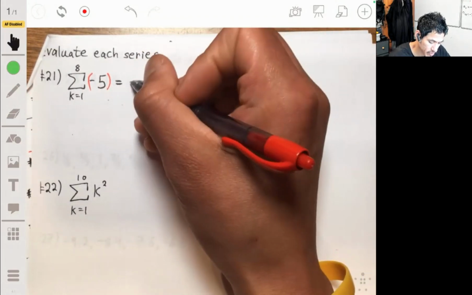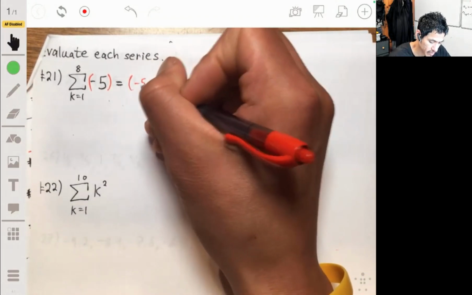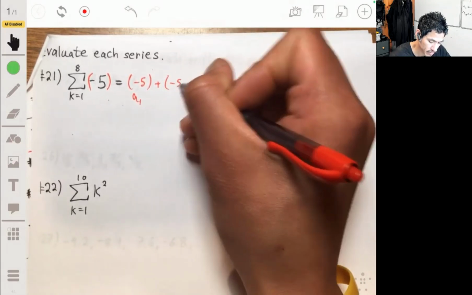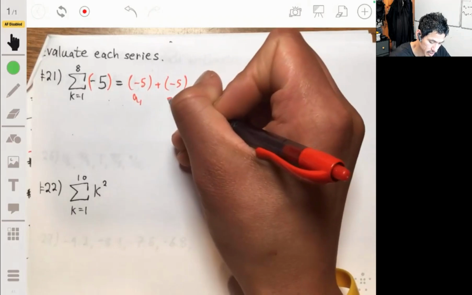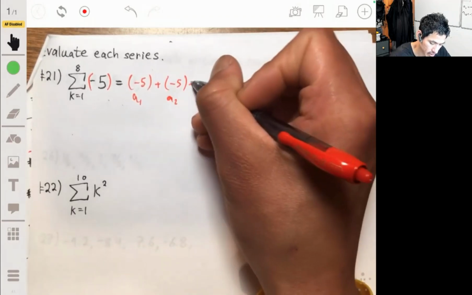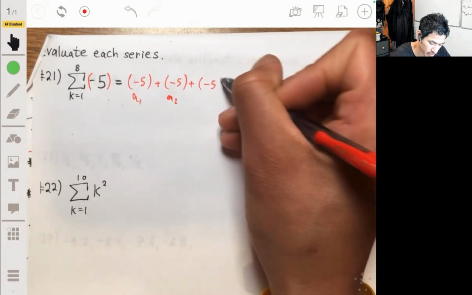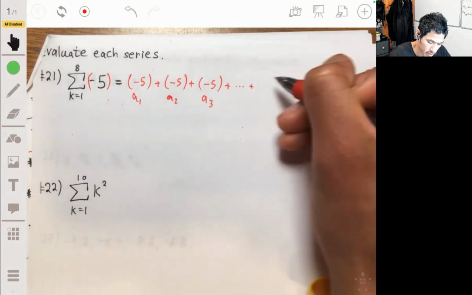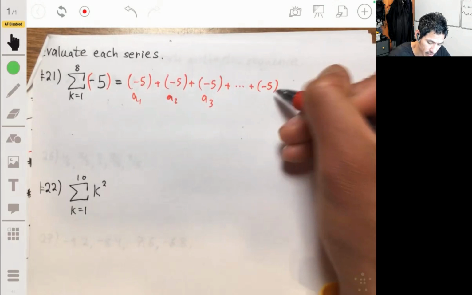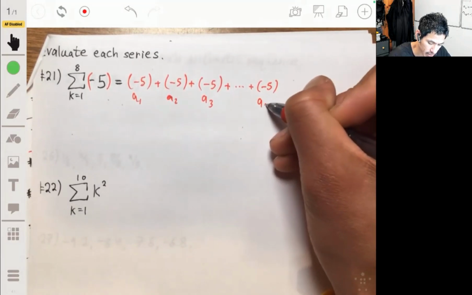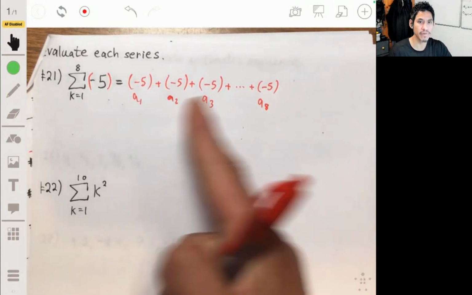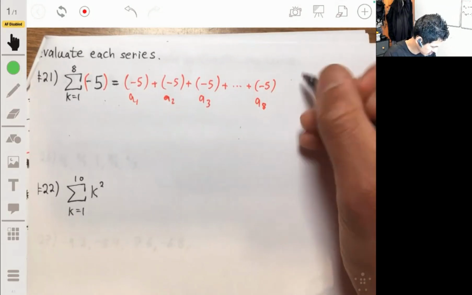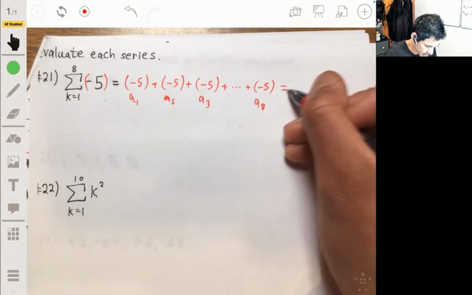So then that means a1 is -5, a2 is -5, a3 is -5. Every term is equal to -5. So all you're really doing is adding -5 8 times, or you're just multiplying -5 by 8, which is just then -40.